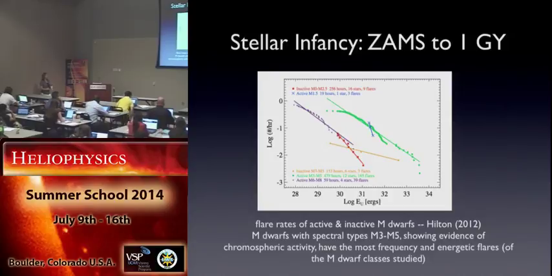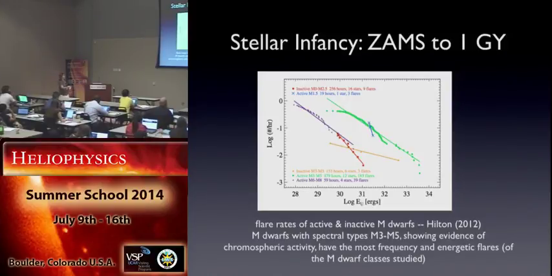This is a plot from a PhD thesis, which was trying to observationally constrain the flare rates of active and inactive M dwarfs. So most of when I've been talking about stars before, I've been concentrating on the active stars. This is a compilation of flare rates of different M dwarfs broken up by spectral type and then by activity level, so what the underlying amount of chromospheric emission is.